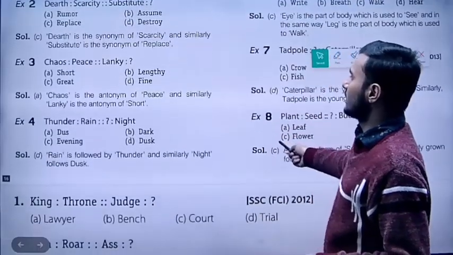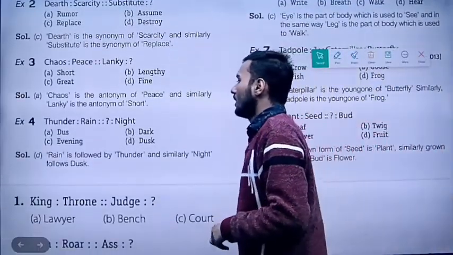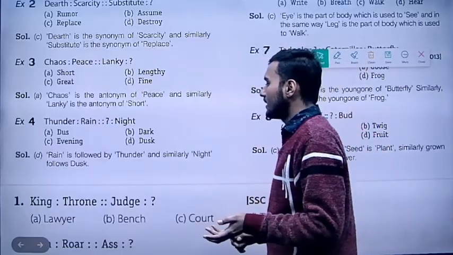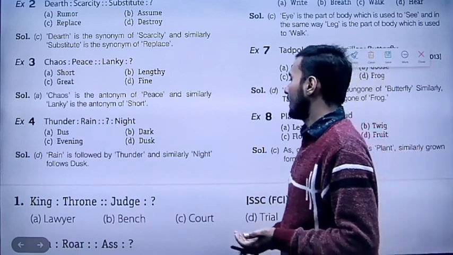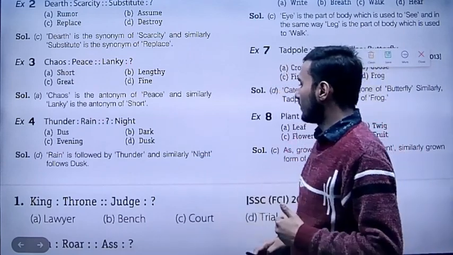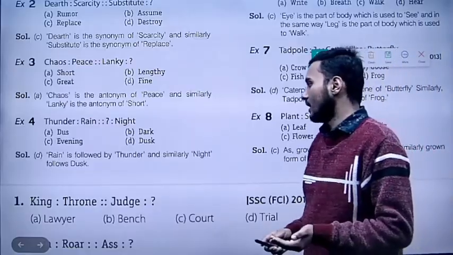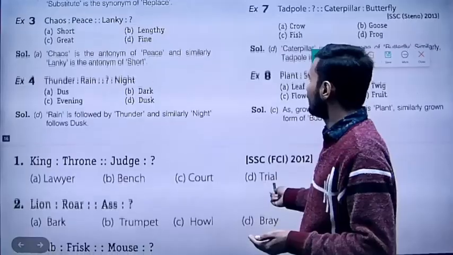If you look at another question like thunder is equal to rain, and so dash is equal to night. Rain is followed by thunder. First thunder comes and then rain starts. Similarly, first dusk happens and then night comes. So this is the type of relationship we have to establish.